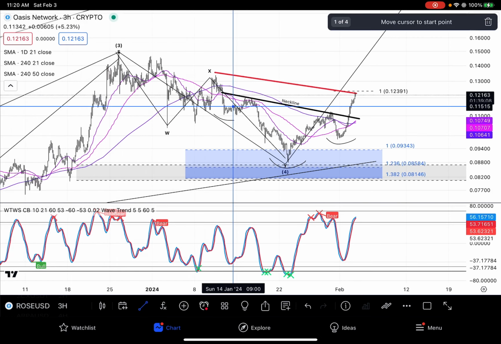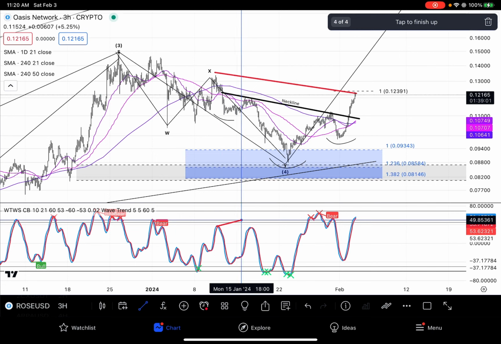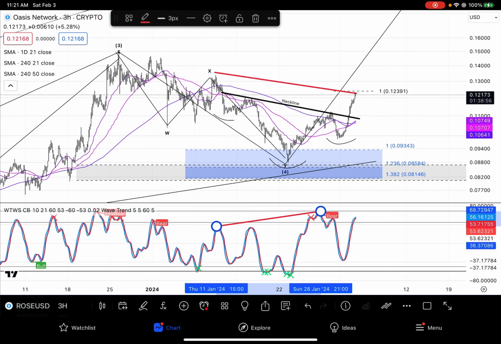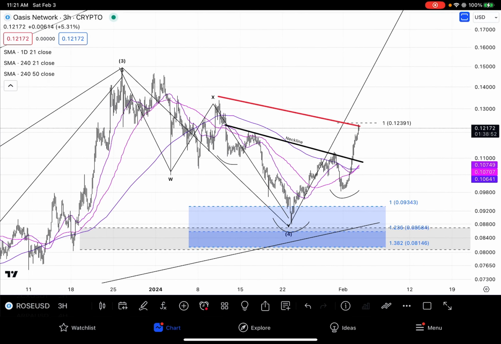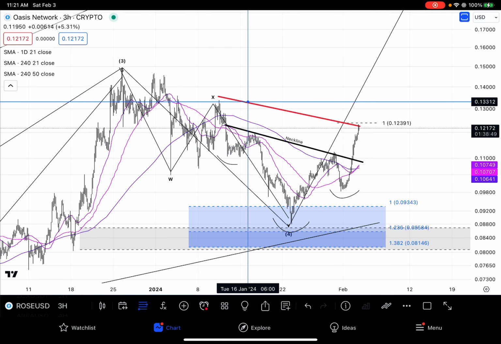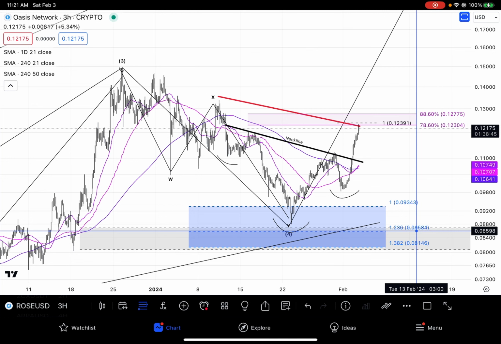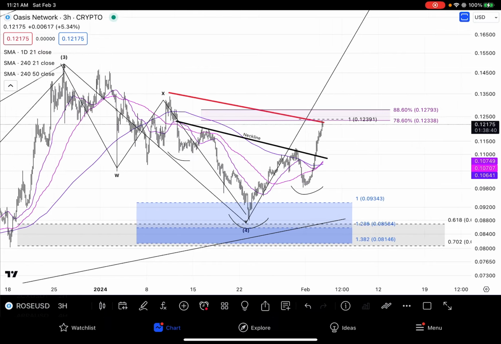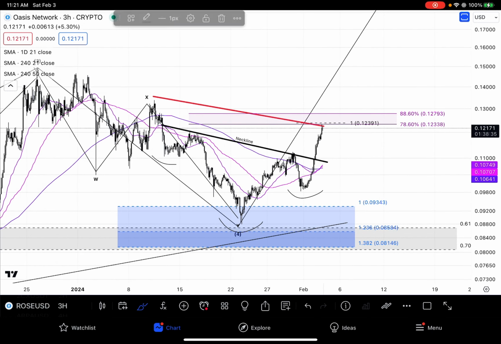And then we have a lower high and then a higher high on the indicator. So that's bearish divergence. Plus we've also hit the 100% fib, and when we take a fib from our X wave high down to our Y wave low, we've also hit the 78.6% fib.